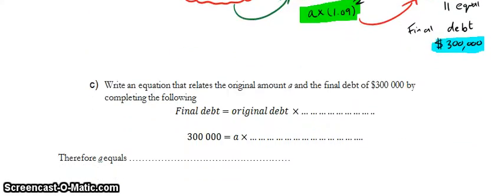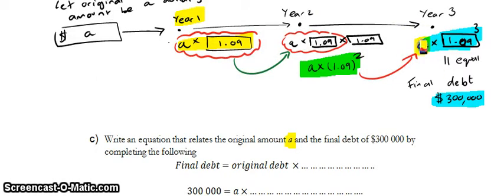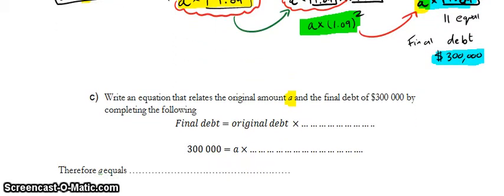Alright, write an equation that relates the original amount A and the final debt of 300,000 by completing the following. With the original amount A, which is here, we started with A, so we're just writing an equation in terms of A, that's what we want to do.